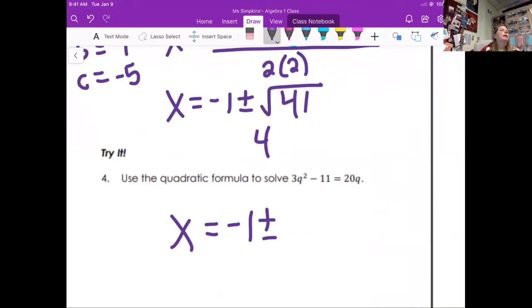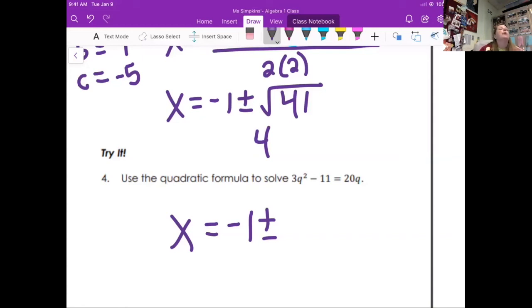So type 41, hit shift, and then the button third from the left. We are not going to get an exact answer, and that's okay. I'm usually not okay with this, but in this case, I am. You're going to estimate to the hundredths, which is 2 numbers after the decimal.